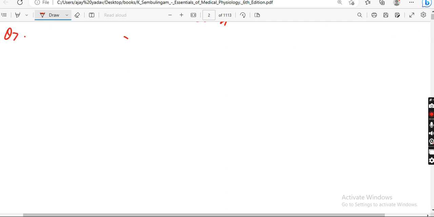So let's do question number 7. Which of the following alkyl halides is used as a methylating agent?